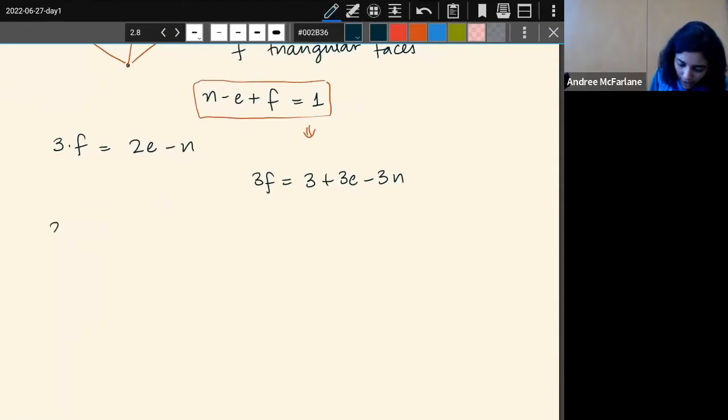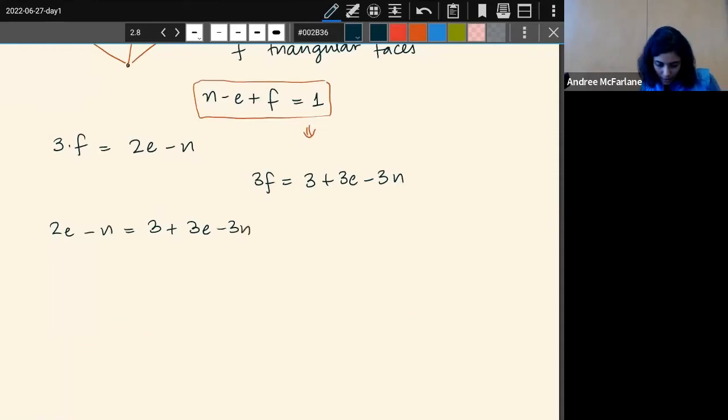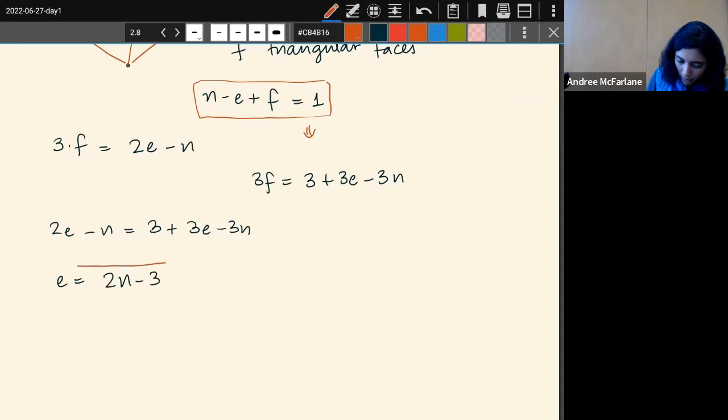So 2e minus n equals 3 plus 3e minus 3n. Let me know if I'm making an error, but I think if I did everything correctly, I should get e is 2n minus 3. And of course this also gives me that f is n minus 2.